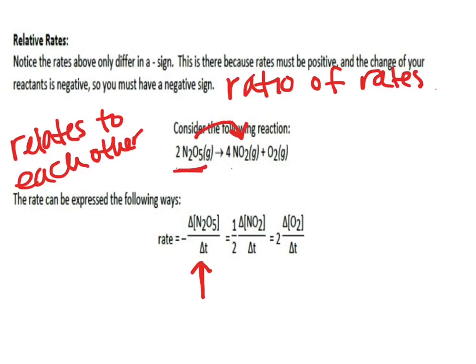We don't make rates negative, but we're just saying as this one's disappearing, this one is appearing. So you can do absolute value, yes. And then what would we have to do to oxygen to make oxygen's rate the same as N2O5's rate? We would have to double it. Okay, and you see that this is what we've done here.